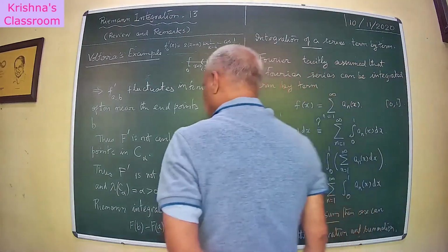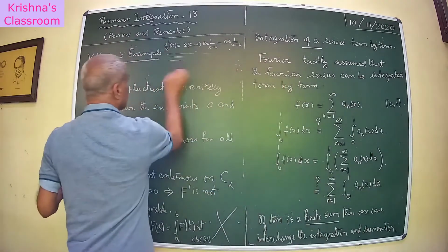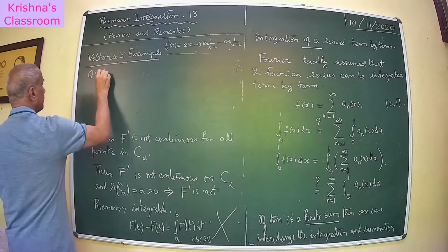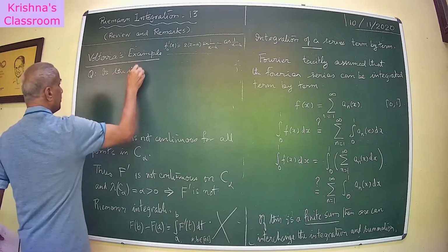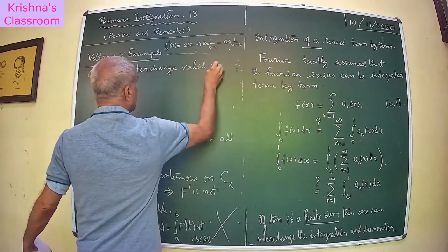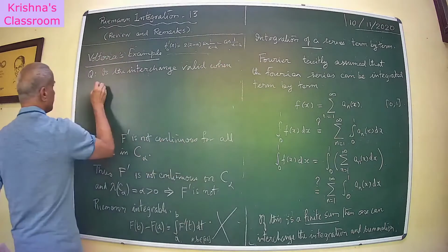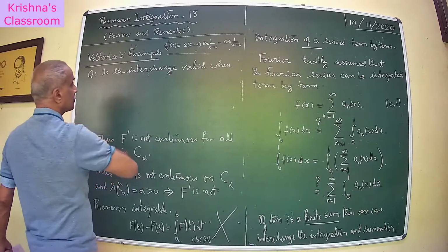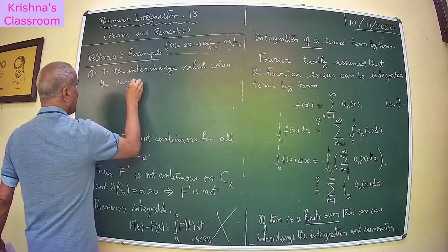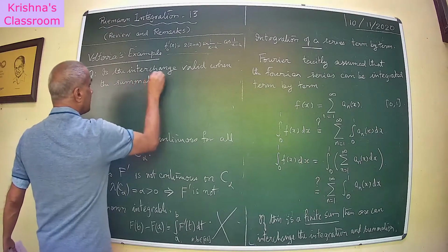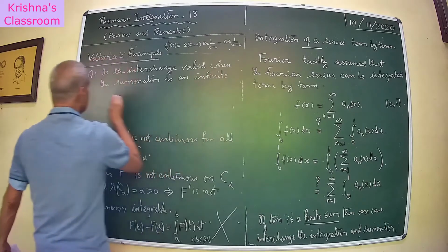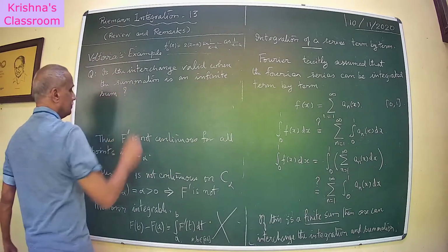Is the interchange valid when the summation is an infinite sum? This is the question.